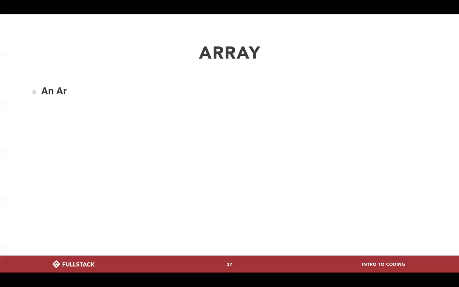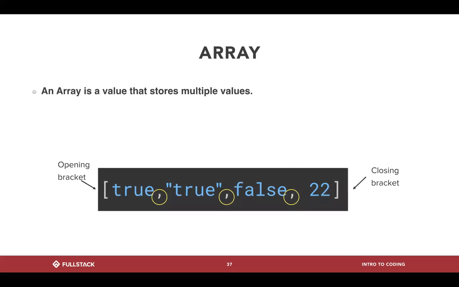Then the complex types, we have arrays. An array is a value that stores multiple values. It's an ordered list of values. You write it with opening brackets, commas, and then closing brackets. So here we have a list specifically that's true, the string true, false, and then 22. Arrays are similar to a list of values.